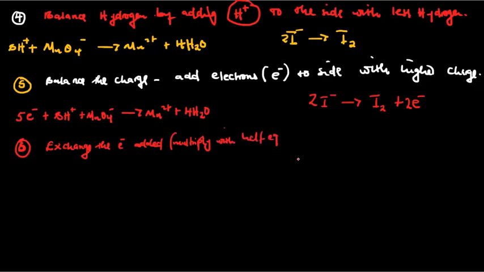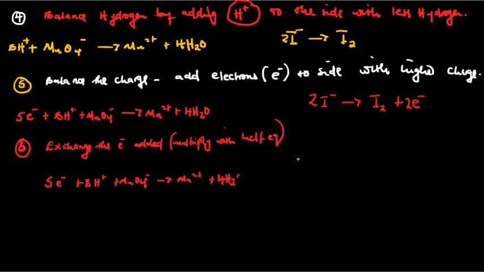Full equations. So in this case, what we have is 5 electrons plus 8 H plus this now will produce that.